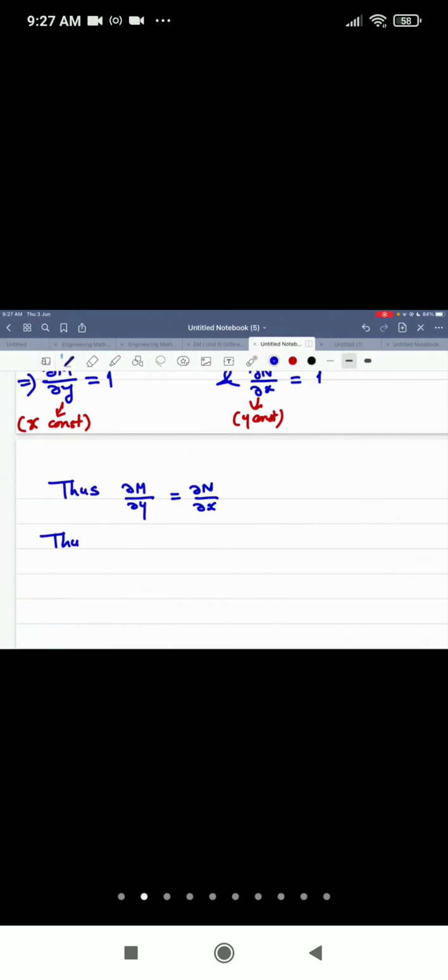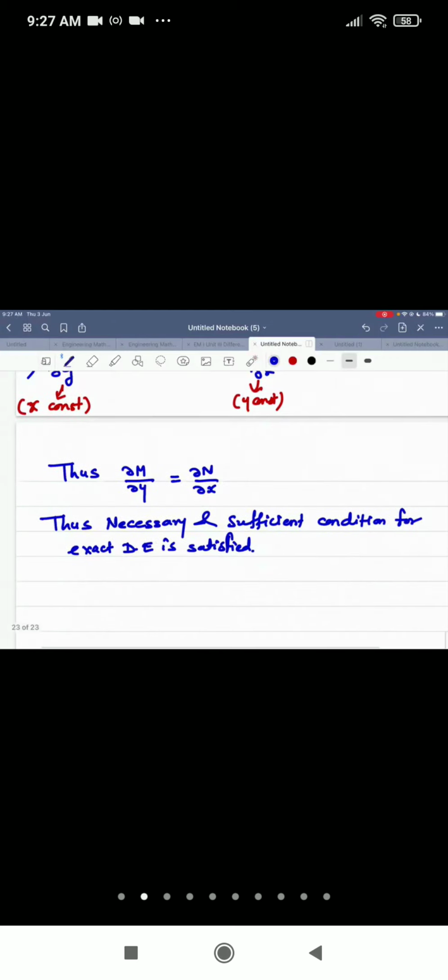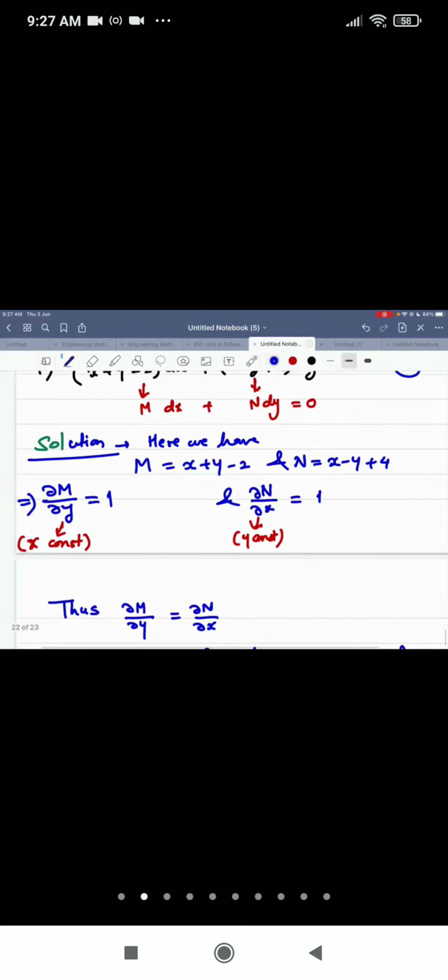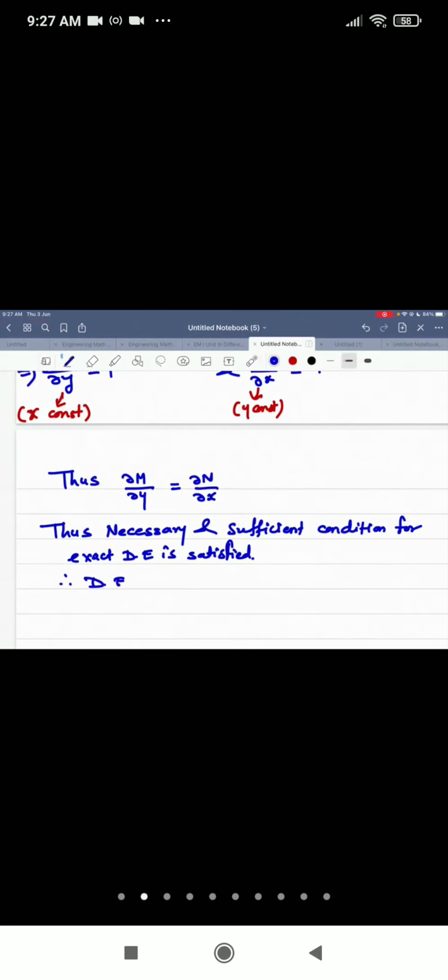Thus the necessary and sufficient condition for an exact differential equation is satisfied. Let me give number 1 to this equation. Therefore, the differential equation in 1 is exact.